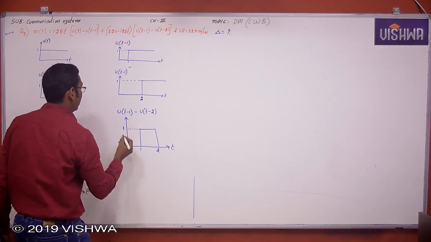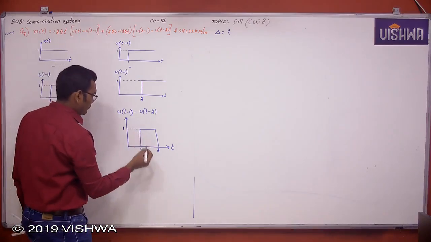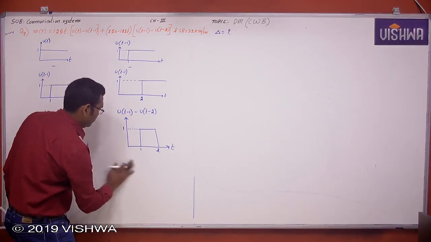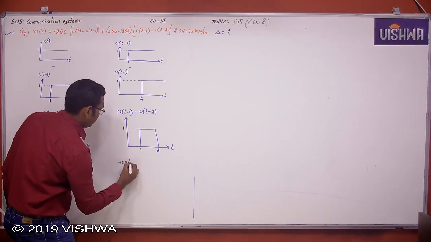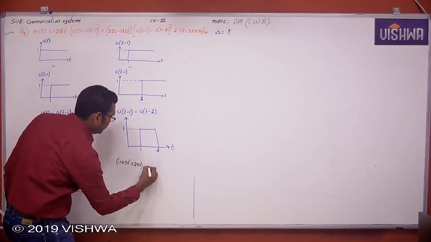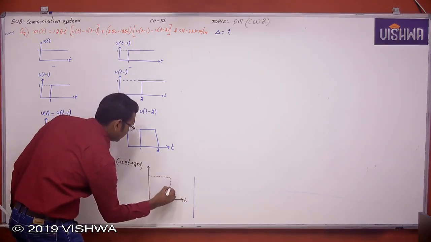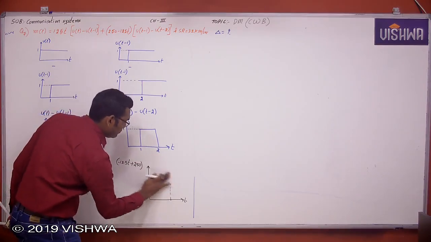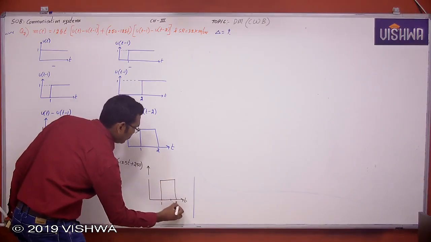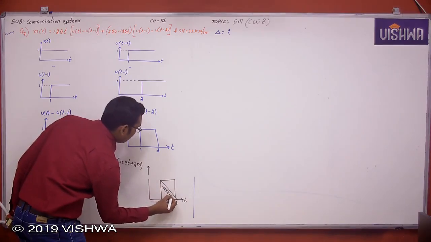Now this is multiplied with a negative slope, so the signal is falling between 1 and 2, with minus 125 t plus 250.